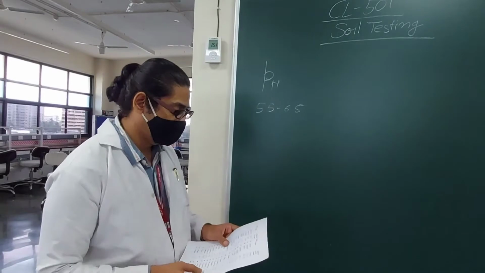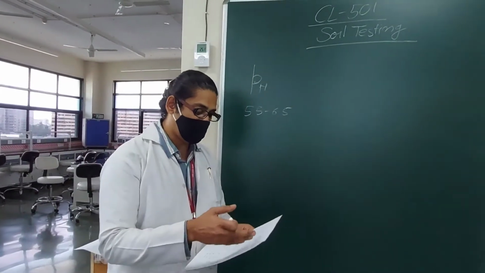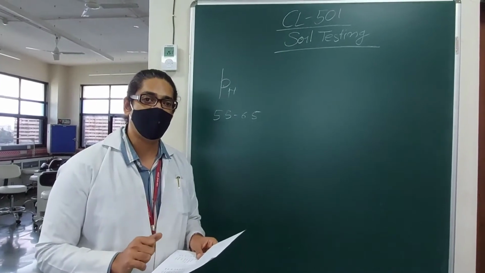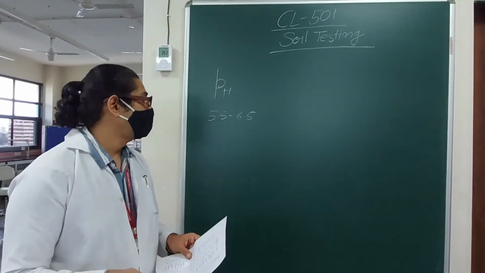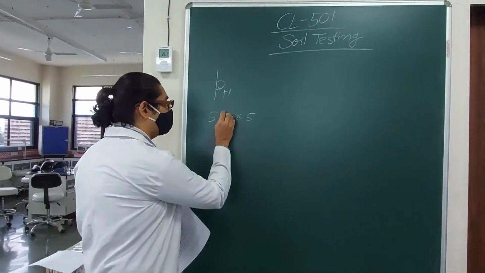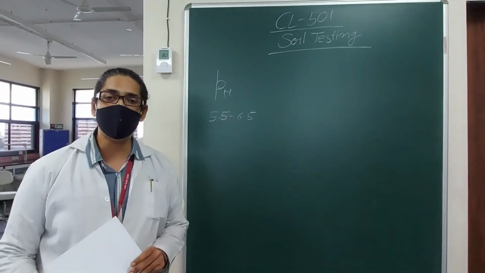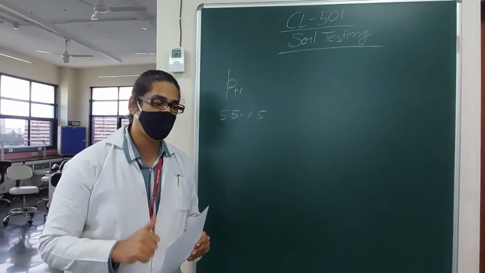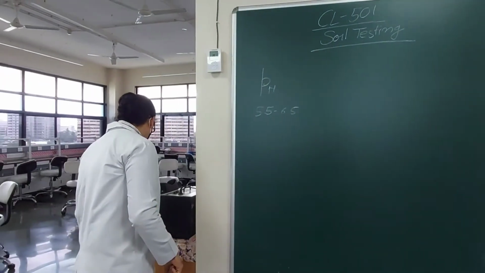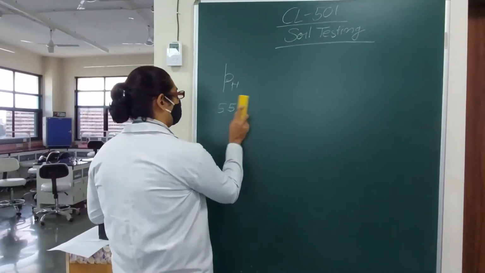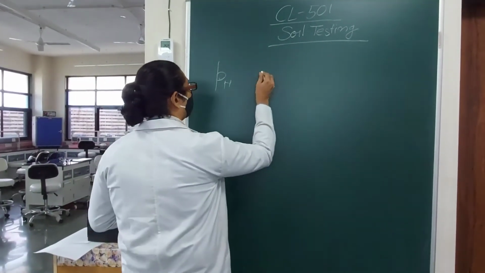For most of the other crops and vegetables, we are looking for close to the neutral range. If the pH of your soil is off balance, it is going to dramatically affect the crop productivity. The second parameter we are going to see is conductance.